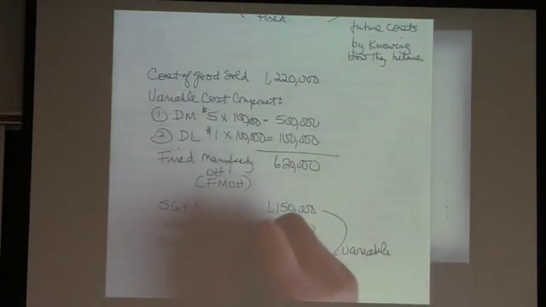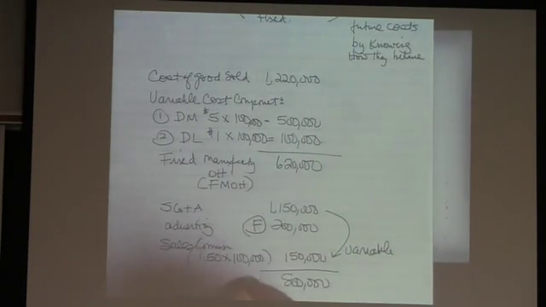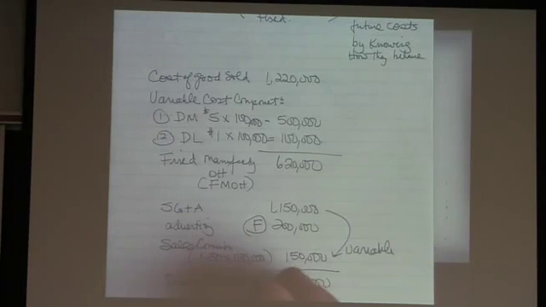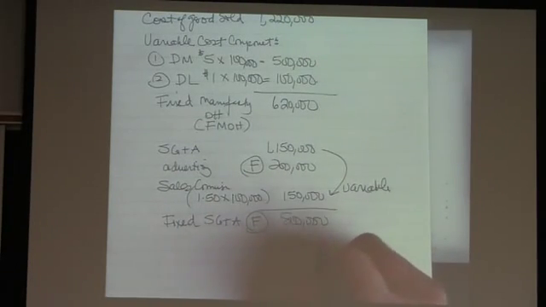That means that if this is fixed, then that means that 800,000 of the difference must be fixed as well. Fixed SG&A. So my total fixed cost is $1 million.